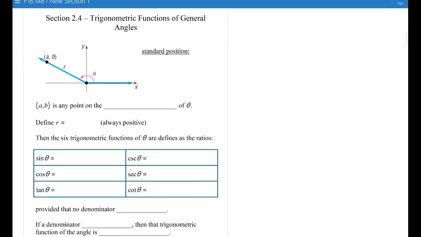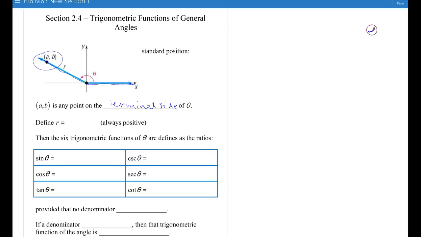So here's a picture of an angle greater than 90 degrees in standard position. So recall that standard position is one side of the angle on the positive x-axis and then wherever the other side falls. So this point (a, b) is any point on the terminal side, so recall that vocabulary, the terminal side of theta.